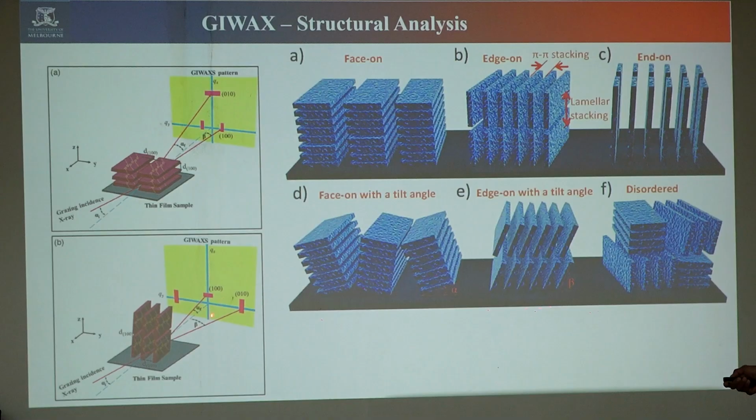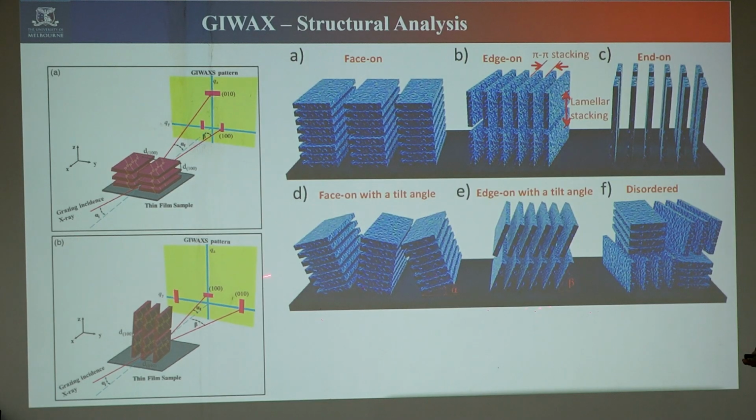We need to find out where the 0 1 0 is. If the 0 1 0 plane is coming in the x-axis, this is called edge-on orientation. If it comes at 0 1 0, it's called edge-on. At the same time, you can also get various peaks, 100, 200 peaks. Those peaks will tell you about the interlayer spacing and arrangement.